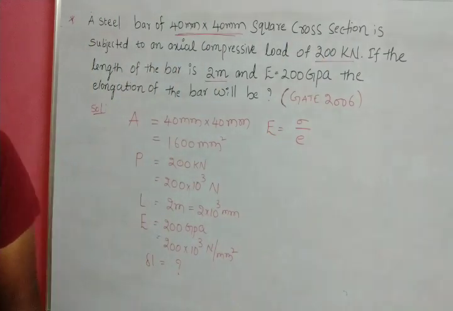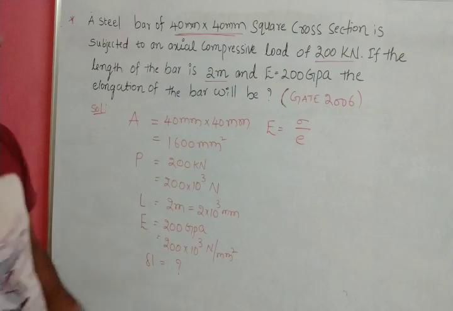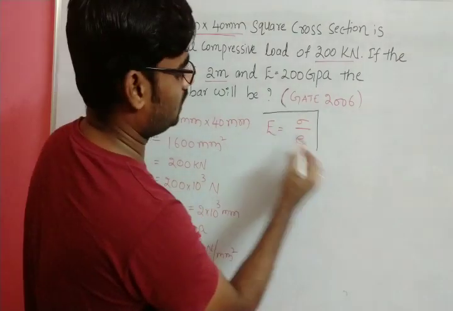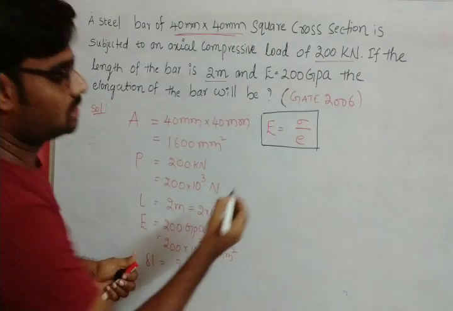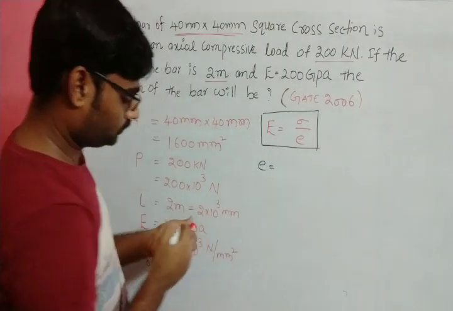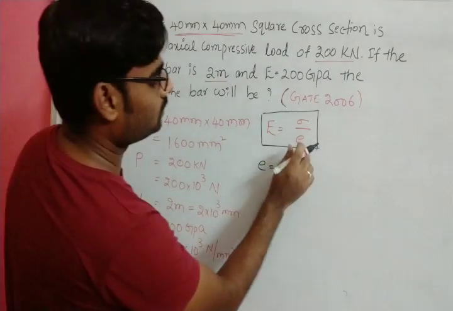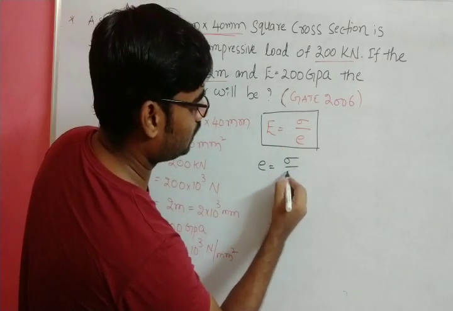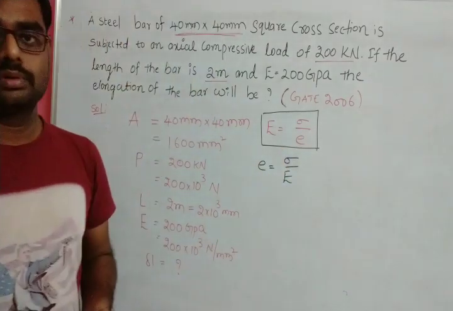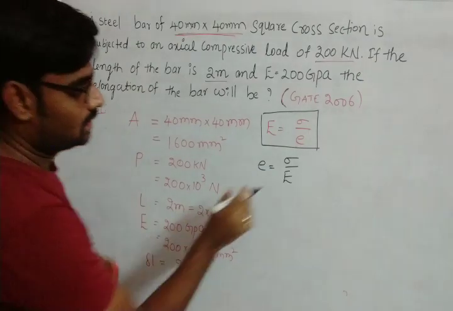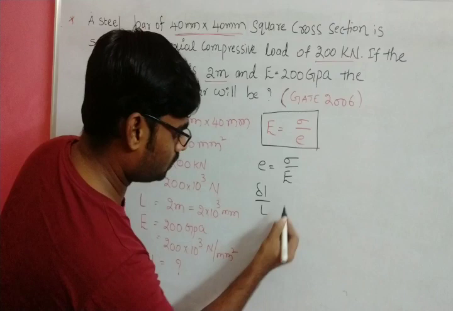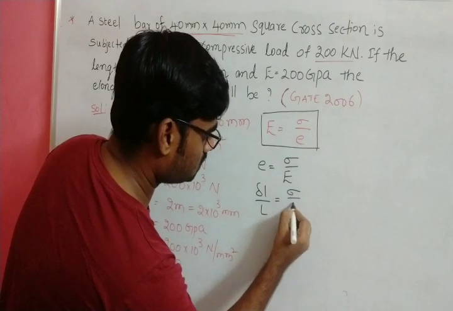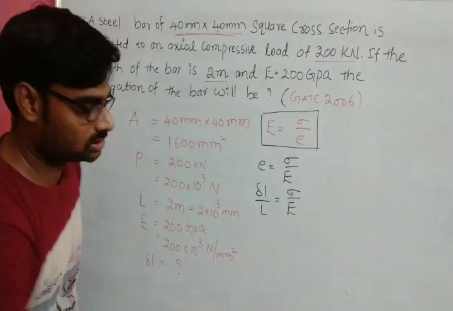Then strain equal to sigma by E. Strain is change in length by original length, equal to stress by Young's modulus.